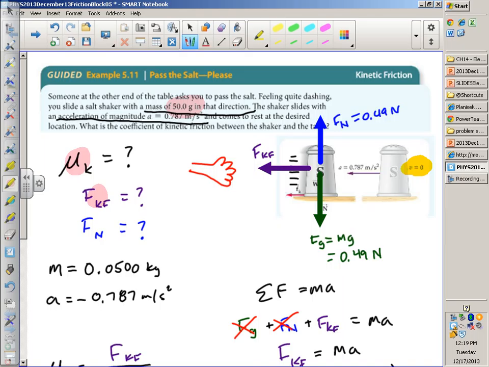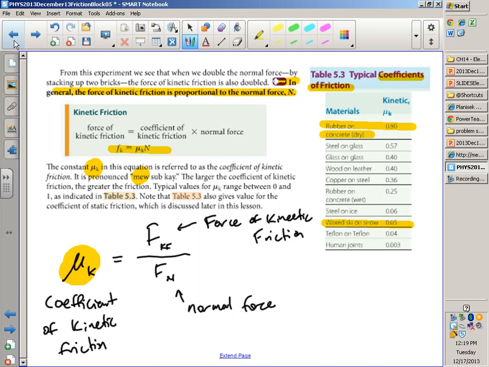We're talking about surfaces. If we go back to the one example from before, on the chart, the top one here is rubber on concrete. That's basically your tires on the road.